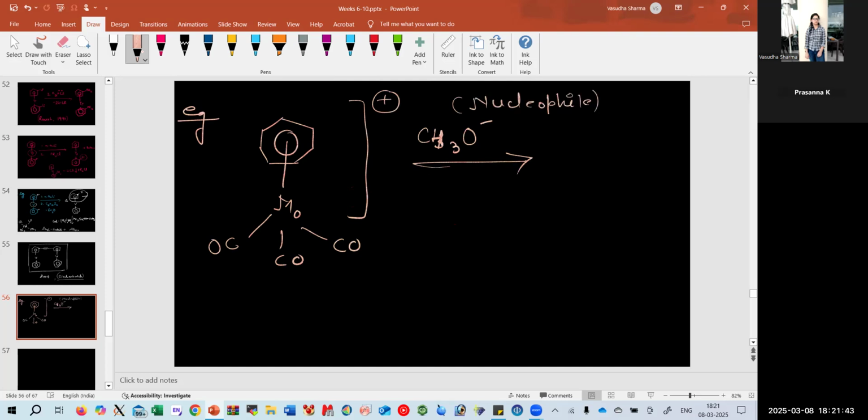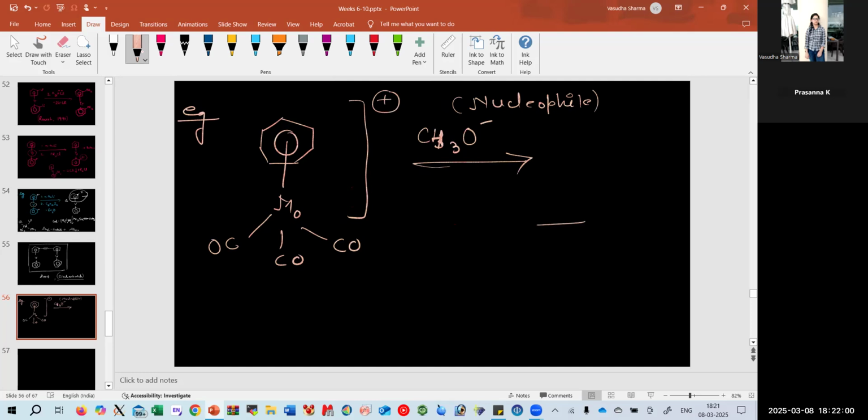Since your metal center is positive, there is a possibility of the methoxide attacking directly onto the molybdenum, but it actually attacks onto your C7H7. So this positive charge is accumulated towards the C7H7 group.